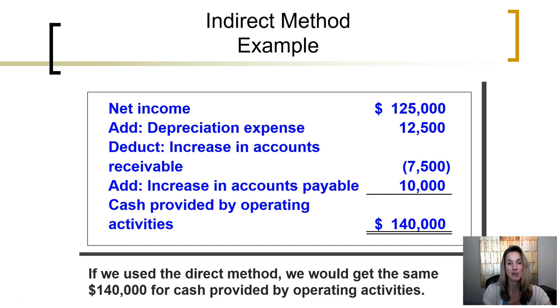That positive number indicates overall operating activities provided more cash than they used, resulting in cash provided by operating activities. If we had added and subtracted these adjustments to net income and ended up with a negative number, it was an indication that the company's operating activities used more cash than they provided. We would have ended up with cash used by operating activities.